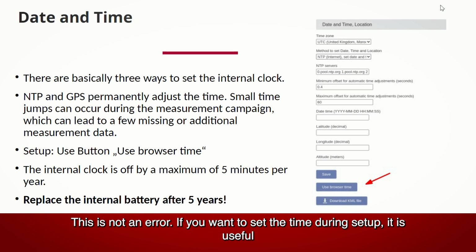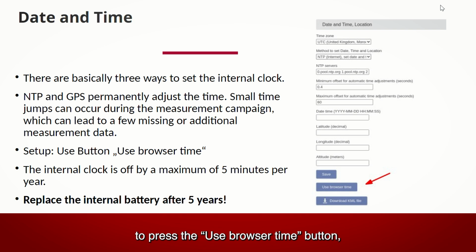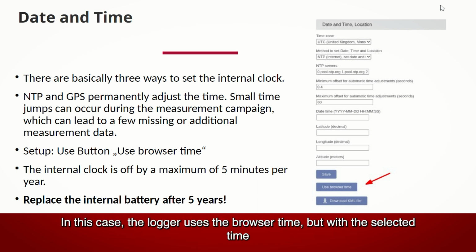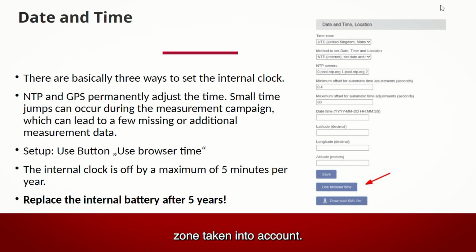This is not an error. If you want to set the time during setup, it is useful to press the use browser time button regardless of the selected method. It's marked with a red arrow. In this case, the logger uses the browser time, but with the selected time zone taken into account.